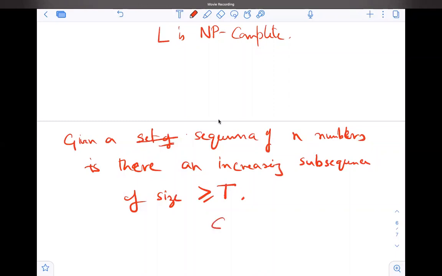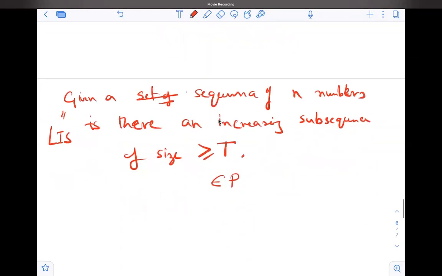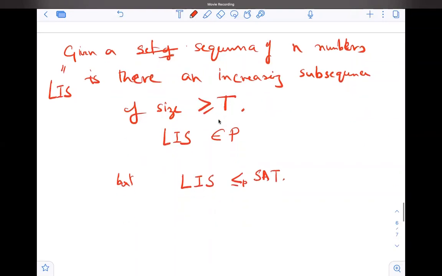So this problem, the LIS problem, is in P. But note that LIS also can be reduced to SAT. That does not mean, as I again repeat, that LIS is NP complete.